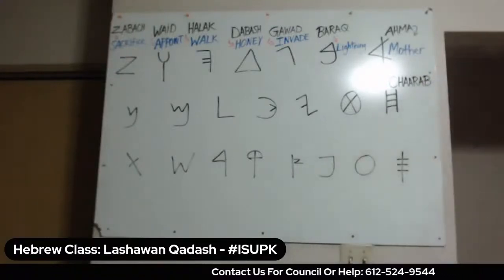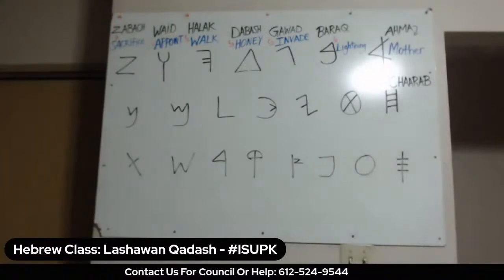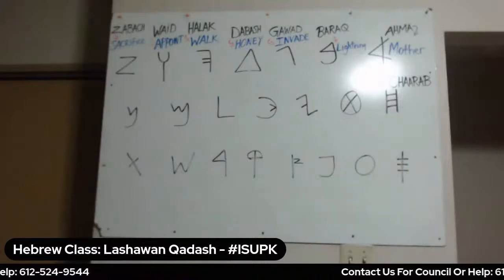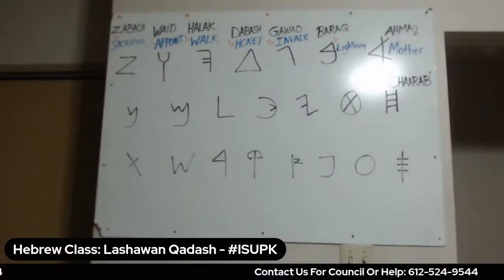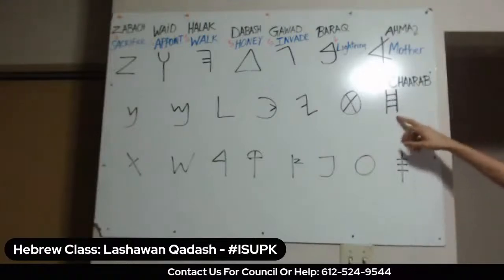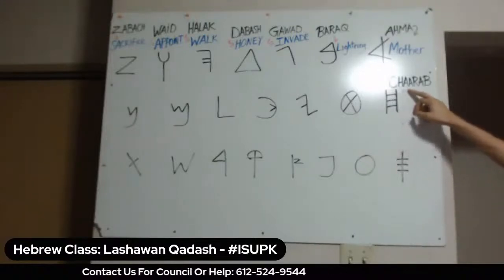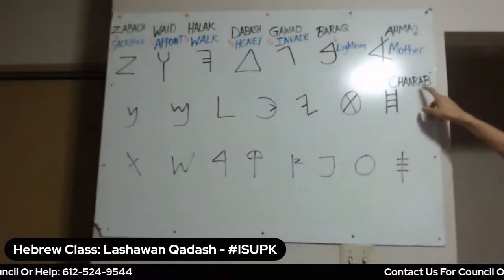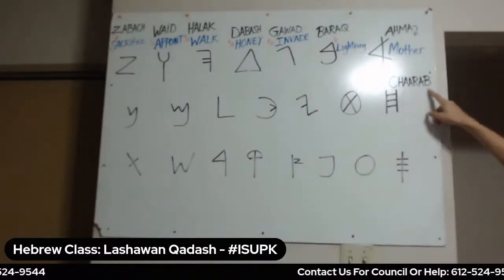The Hebrew word is karab. Karab. All right? You got the keyword right here, ka, and you got rab, or the ra and the ba, karab.